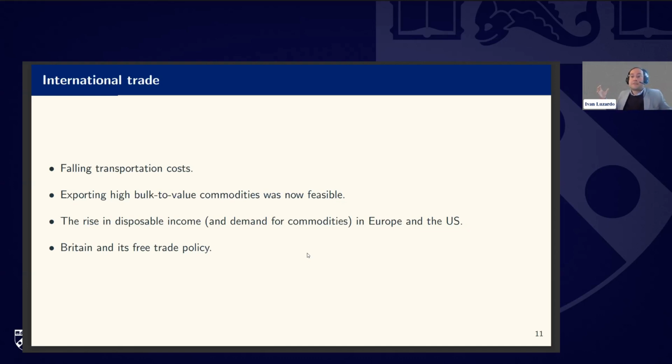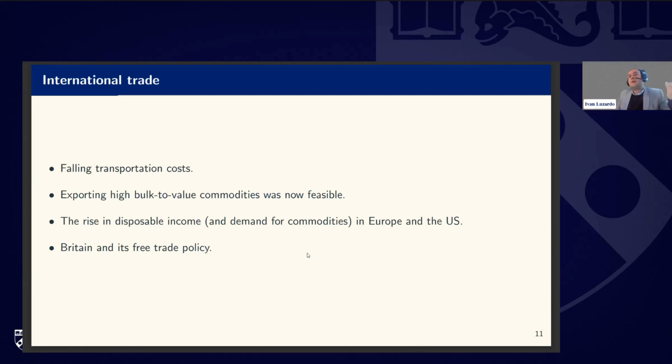This is why we describe this period at the global level as the first period of globalization. A substantial part of that increase in international trade is explained by innovation in transportation that had an impact on transportation costs.